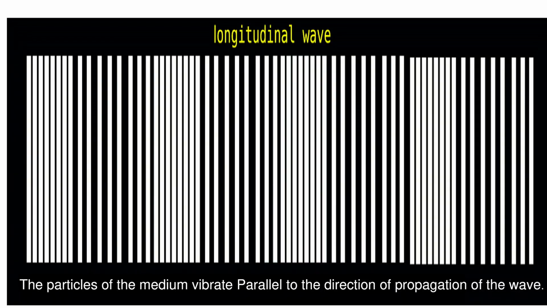Continuously, during the to and fro motion, compression, rarefaction, compression, rarefaction alternate, and those compressions and rarefactions form a longitudinal wave. The distance between two compressions or two rarefactions is called the wavelength, that is lambda.